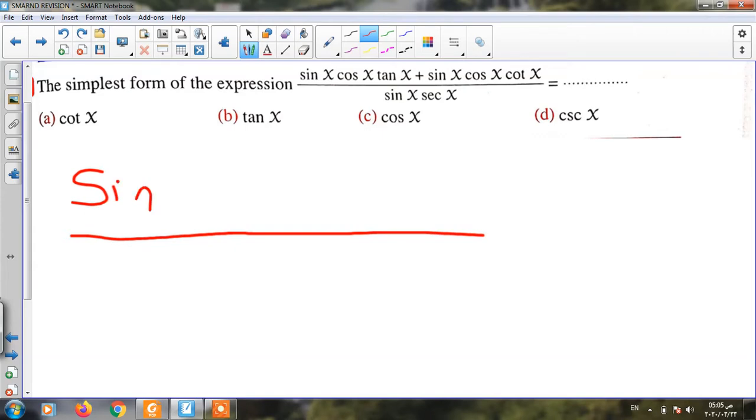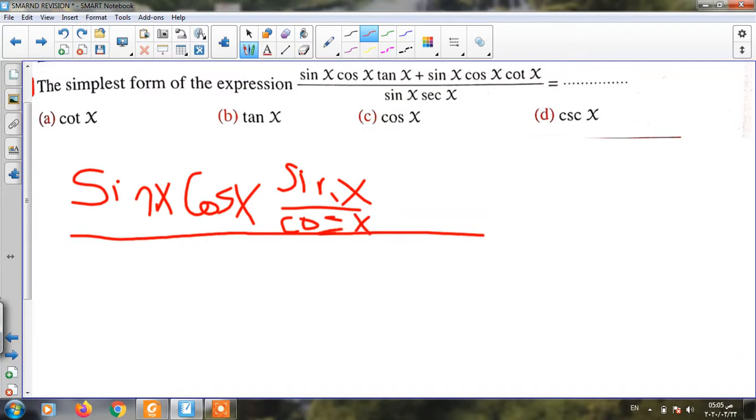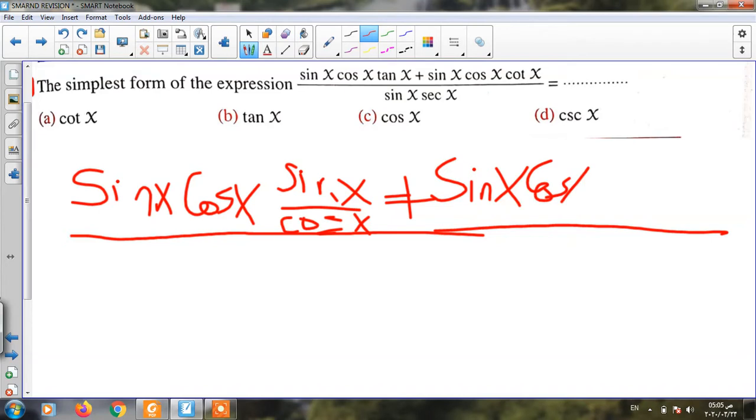find. Sine x, nothing to do with it, and cosine x, nothing to do, but tan we have to write as sine over cosine, sine x over cosine x, right? Plus sine x cosine x. What about the cotan? It's cosine x over sine x.